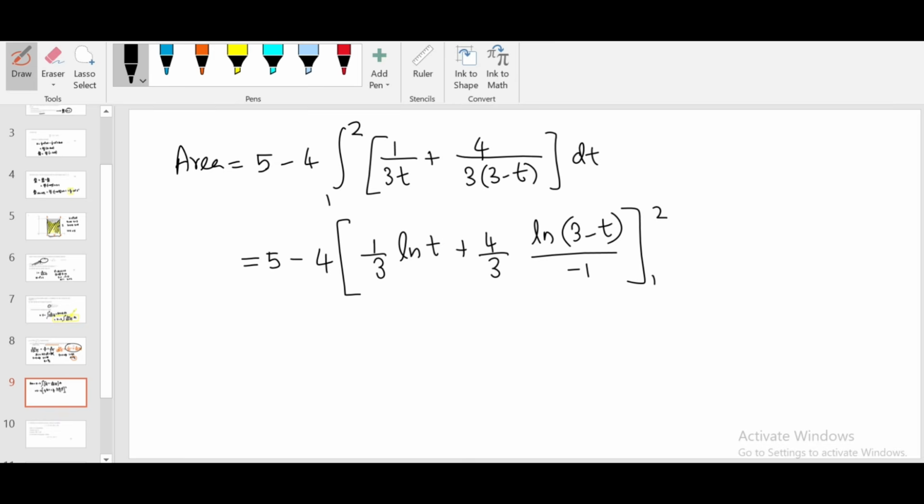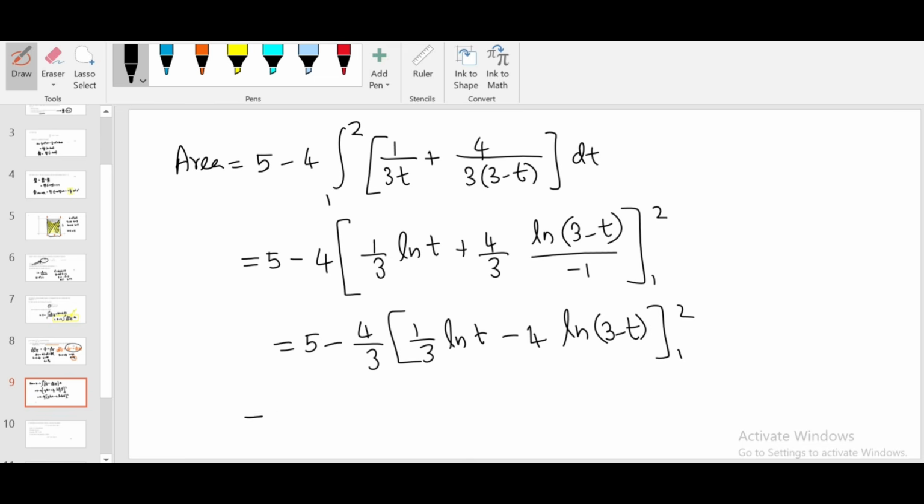That's all. So what I'm going to do, I'm going to take 1 over 3 as a common factor out. So 5 minus 4 over 3, you will have 1 over 3 ln t minus 4 ln 3 minus t. Now sub in the limits. You see how I am subbing in the limit actually. First replace t by 2.